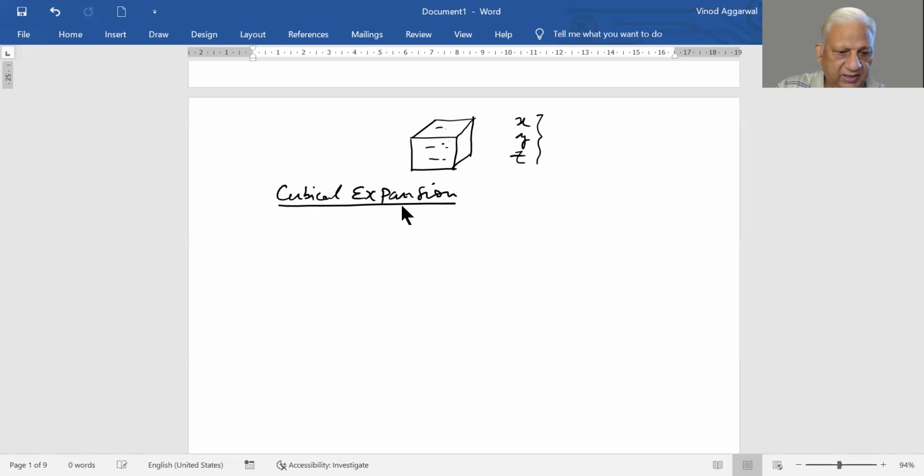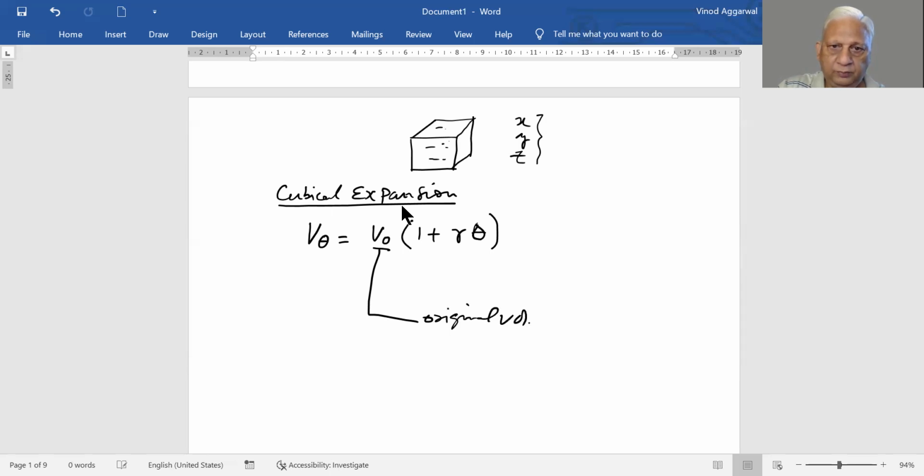And this is also defined exactly the same way as we have done before. V theta is equal to V0 times one plus gamma theta, where V0 is the original volume at temperature, let us say T0.